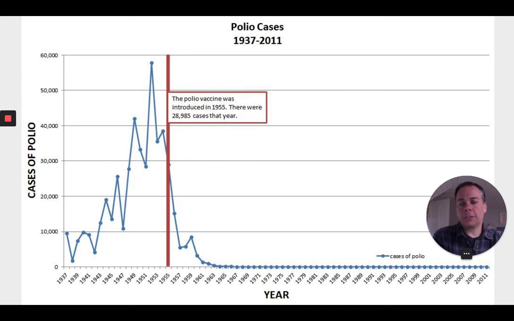But because the rest of the people around them are vaccinated, it's not very likely that they would ever be exposed to the actual pathogen because everyone else has been immunized. The problem is that when you have significant numbers of people that are not immunized, then that herd immunity is lost, and that puts people at risk. Even people that have been immunized are put at risk when a significant part of the population is not immunized.